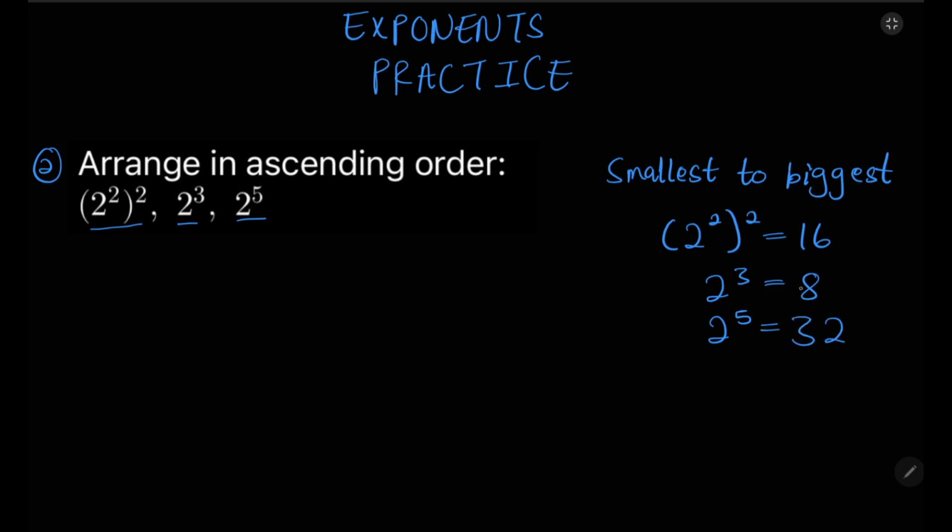So which one is smaller? We start with 8. So let's write down 8, 16, then 32. But we should write them in this manner, as that's how we were given our problem. So which one is 8? 8 is 2 to the power 3. So we start with 2 to the power 3.